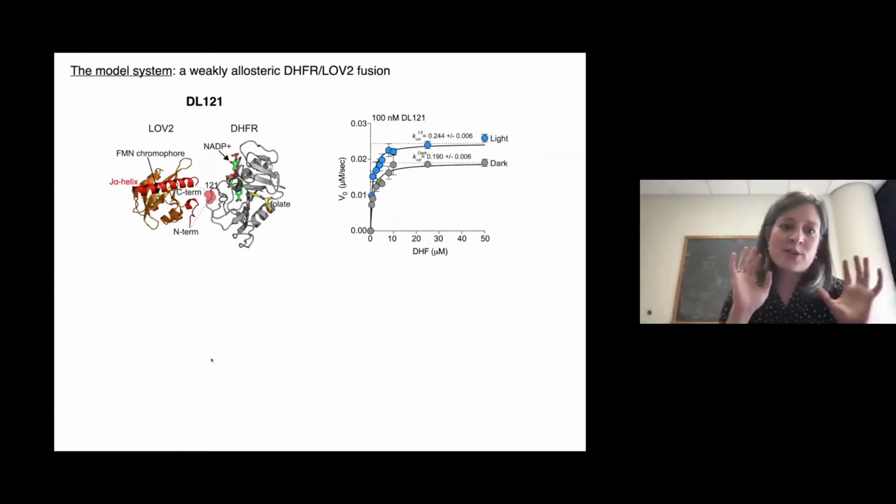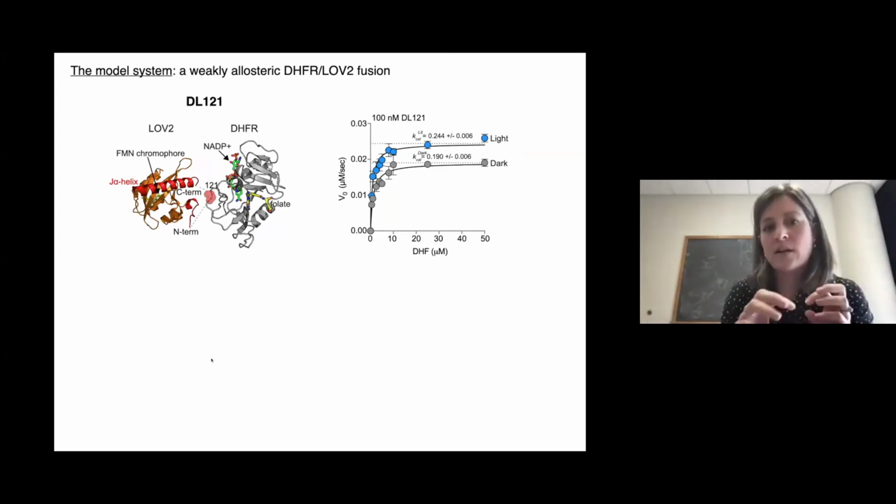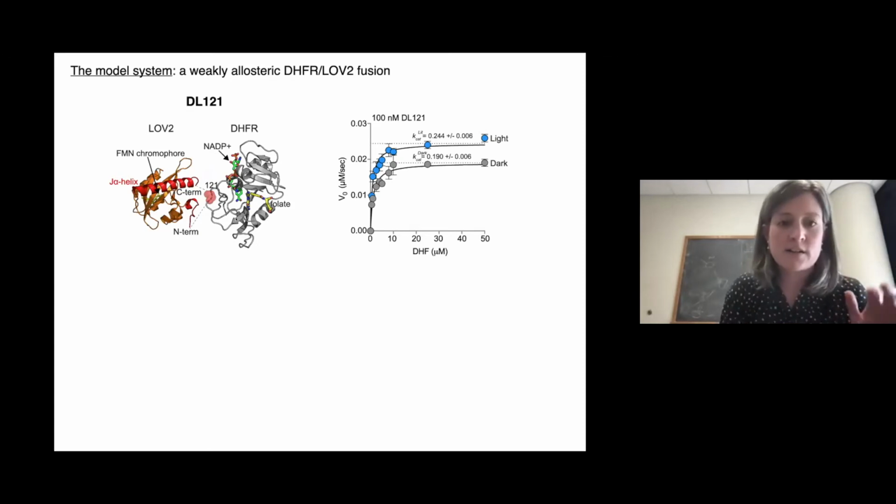Okay, so here's our model system. As I told you before, we did this domain insertion scan using LOVE2, this blue light sensing domain, and dihydrofolate reductase. So we're going to pick one of these fusions that has a modest allosteric effect, right?